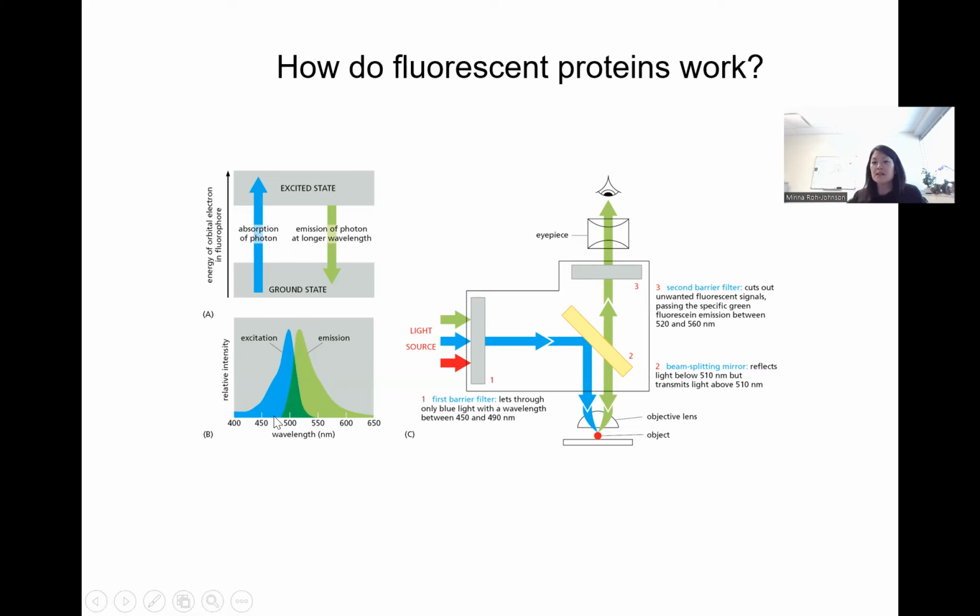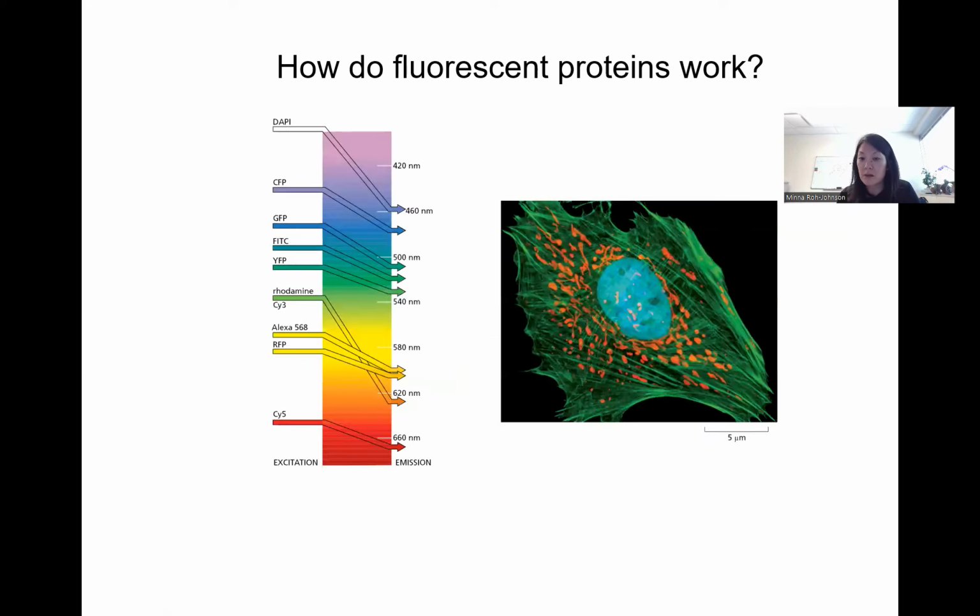But the idea is that these fluorescent proteins are great because you can hit your sample with different lasers that comprise different wavelengths of light, and then you can detect different fluorescent proteins in your sample sequentially. So here's an example. This is not actually GFP or RFP. These are different dyes that are selectively taken up by structures in the cells that are conjugated with a color.